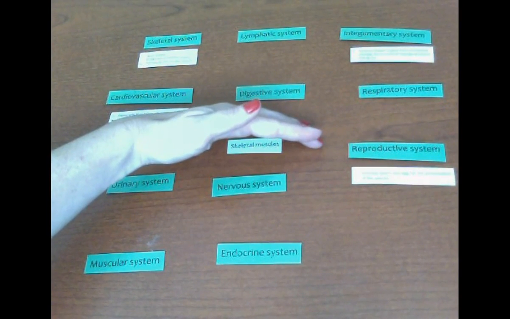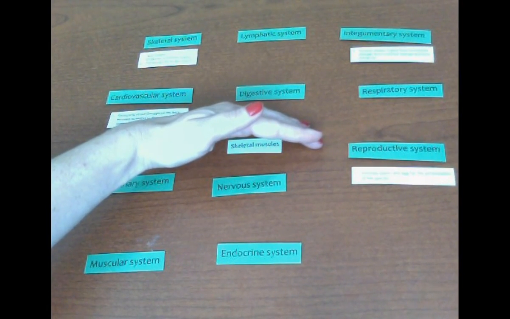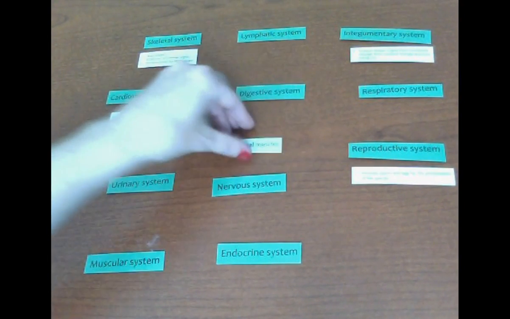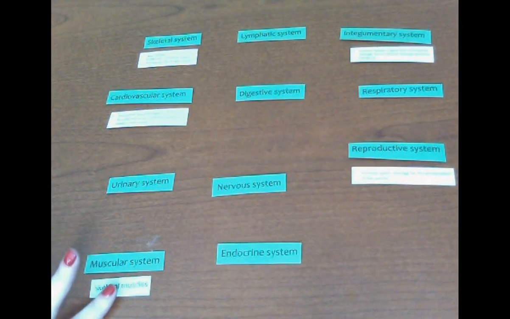So these are ones that are individual organs, and you want to match them with the organ system. Well, skeletal muscles, I guess that goes with the muscular system. So sometimes you can think of that first. What are the parts to that system? And what do skeletal muscles do?